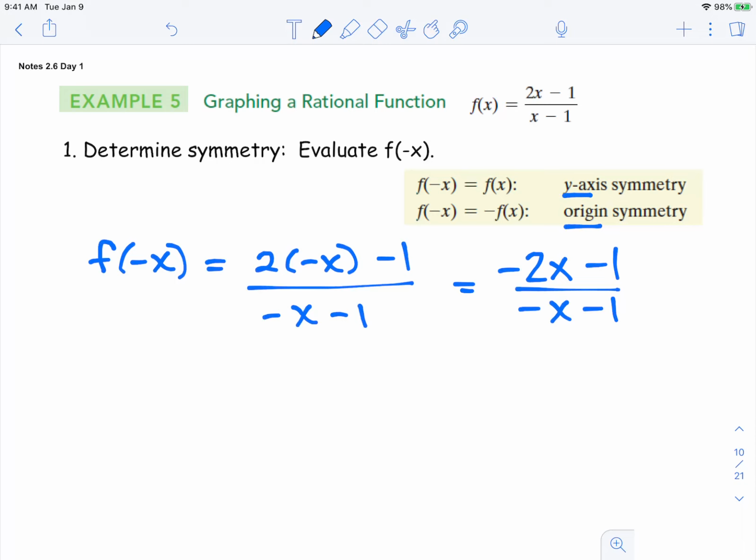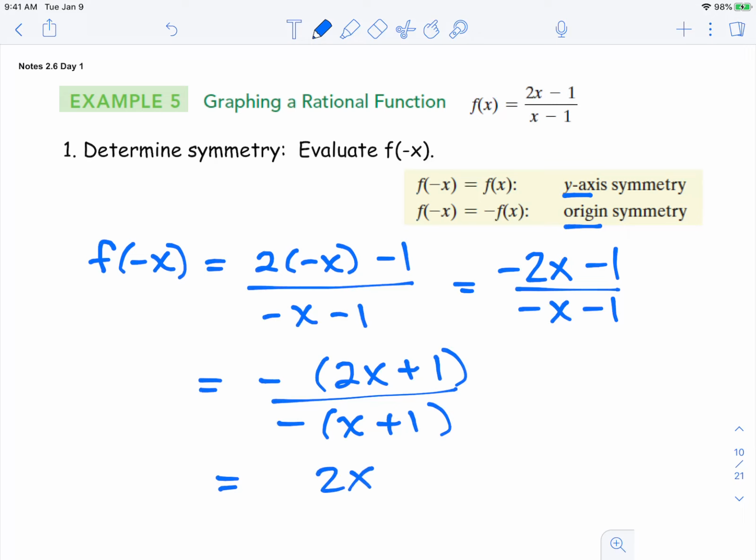We did not get the original function back, and we did not get a negative, so let's take out a negative. We did not get a negative and then the original function. So there is no symmetry.